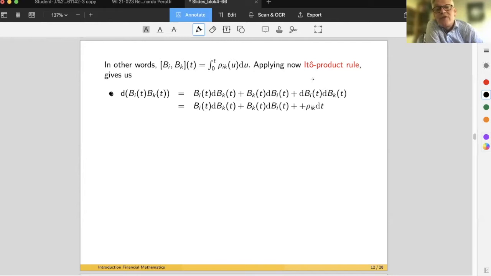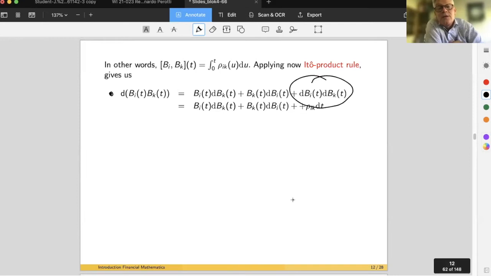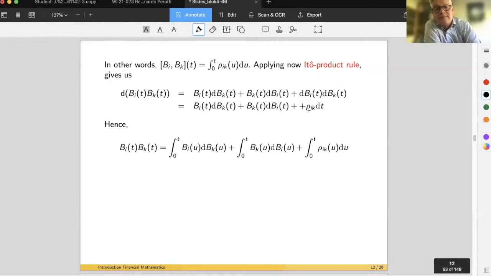And this one we have just computed, that was from the previous page. That was rho_ik dt. The other ones we just copy: B_i(t) dB_k(t) plus B_k(t) dB_i(t). And for that one we substitute plus rho_ik dt.